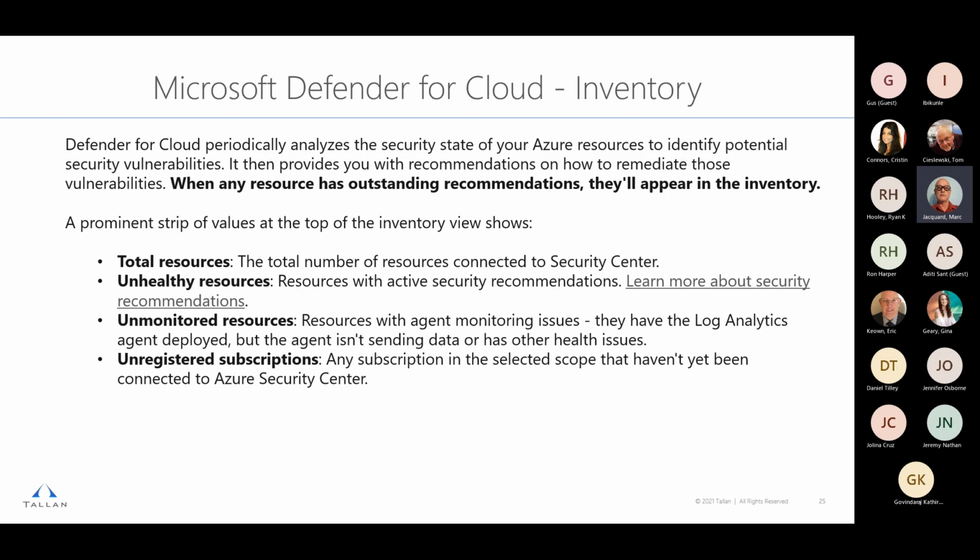I get my unmonitored. These are the ones with agent monitoring issues. They have the Log Analytics agent, but the agent isn't sending any data or it has other issues. These unmonitored ones are something that we definitely would want to address as quickly as possible. Because if they're not being monitored, I don't know what's going on with them, right?